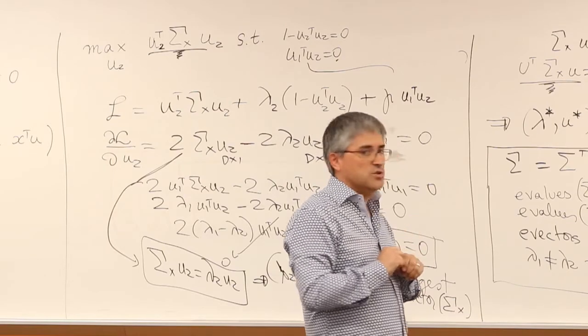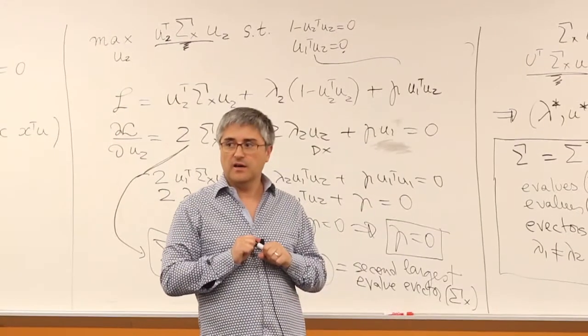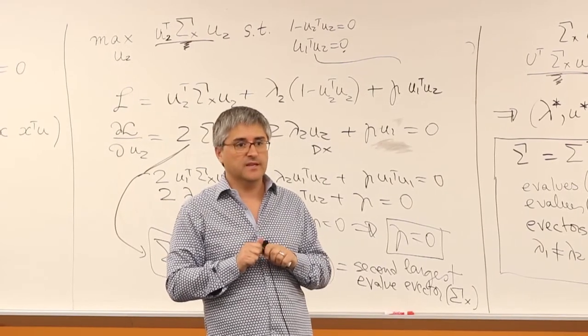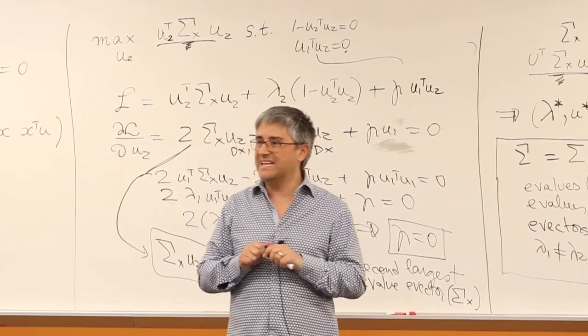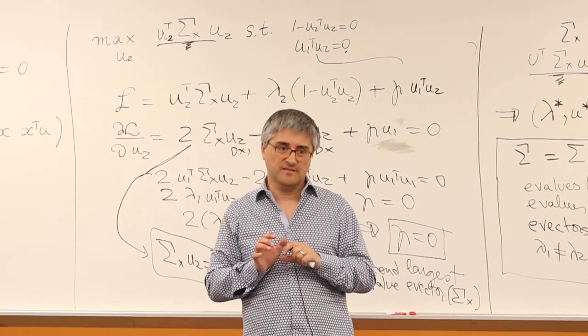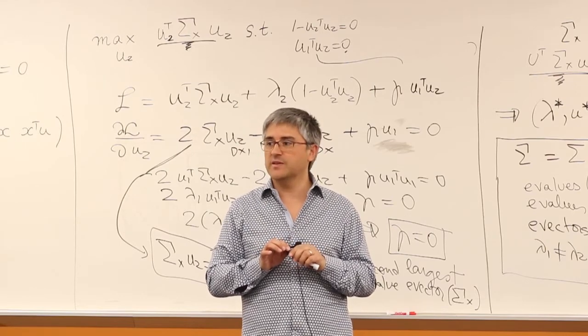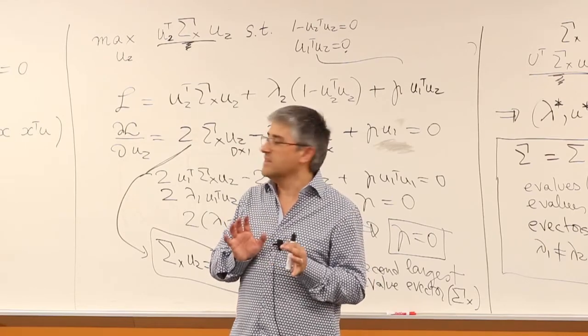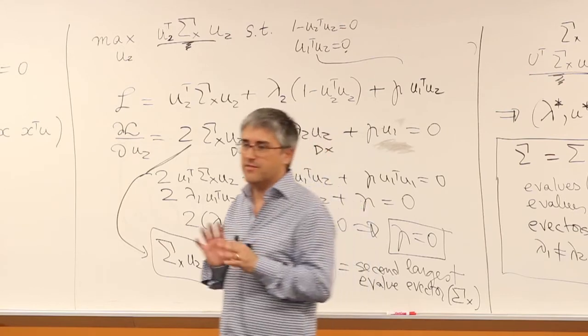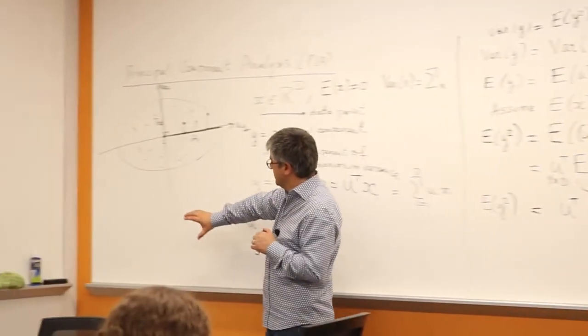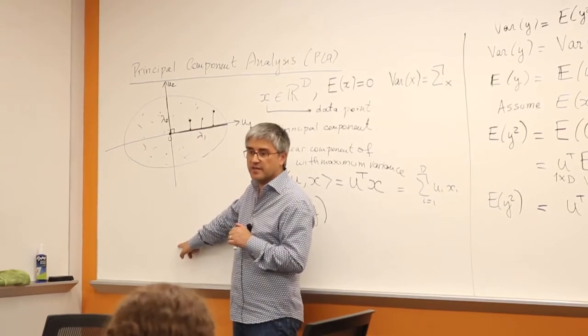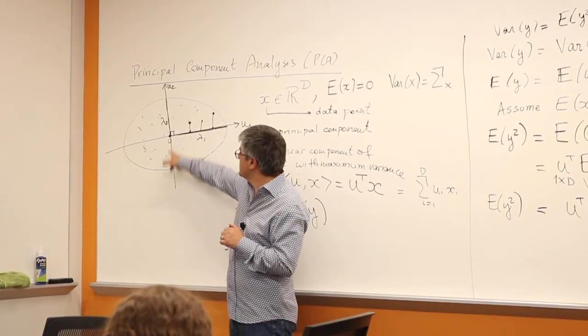One more thing, because you will have it in the homework: what if the data is not centered? You will derive everything else, but you will see that everything is the same. The only thing is that before I get started, if the origin was here, I just need to move things to the center.